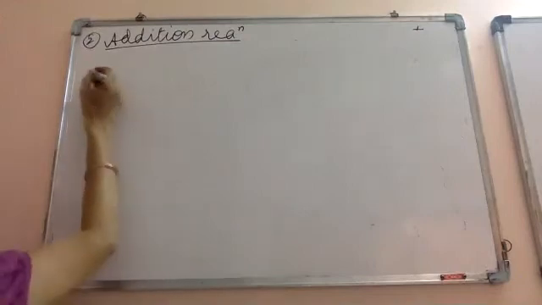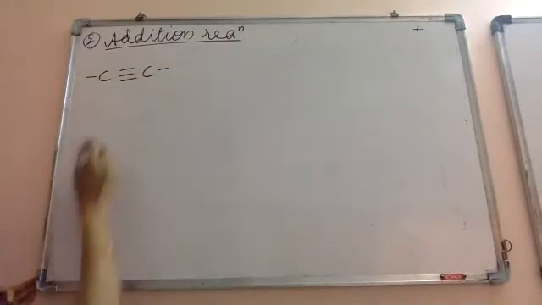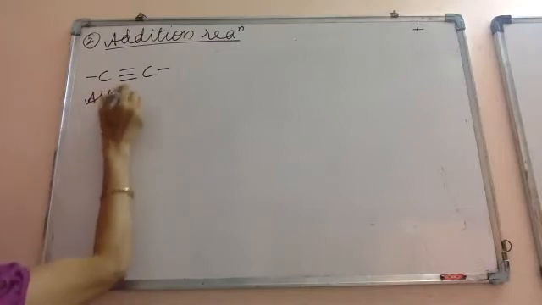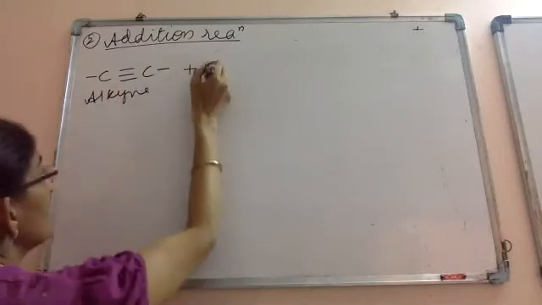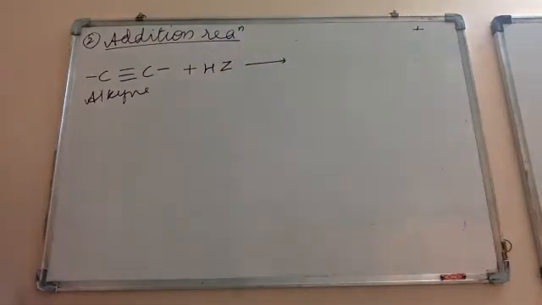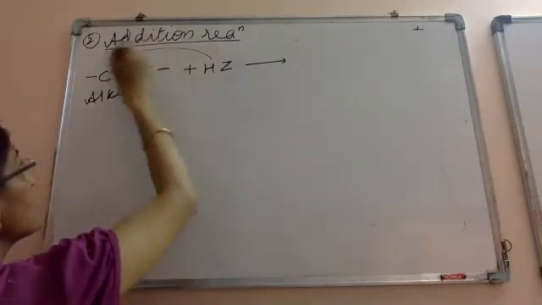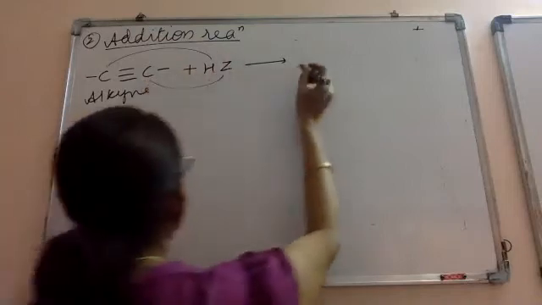कैसे ऐड होगा देखिए। Suppose we have this alkyne, any alkyne in general. Suppose we add HZ to it. H is positive, Z is negative. एक कार्बन पे H ऐड होगा, एक कार्बन पे Z ऐड, क्या बनेगा?